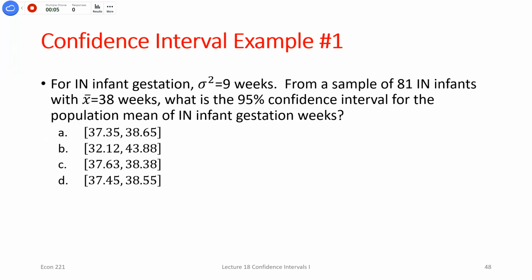So you go out and you sample 81 different births, and you find that the average length of pregnancy, or the sample mean from that sample, was 38. So you have your sample mean and your sample size. You are then told that the population variance, based off of what we've seen over time on the length of pregnancy, is 9 weeks. So you're given a population variance.